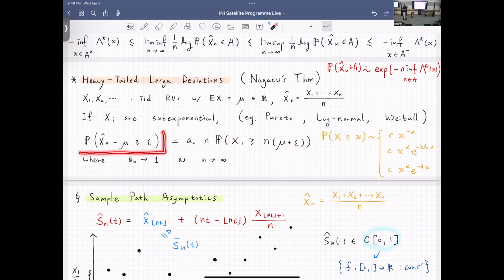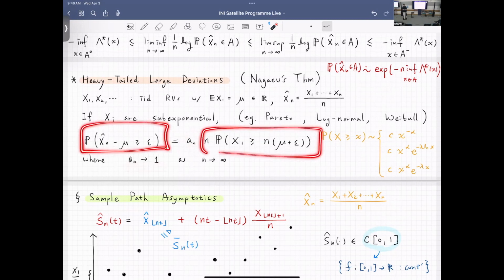And this probability, of the sample mean being above mu by epsilon, decays at this rate. If you divide that by this, then it converges to 1. So this and this are asymptotically the same in the sense that Jorge used yesterday.